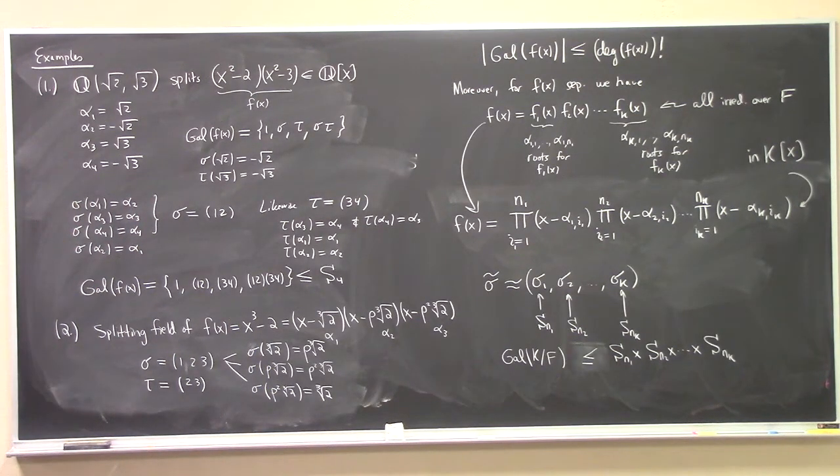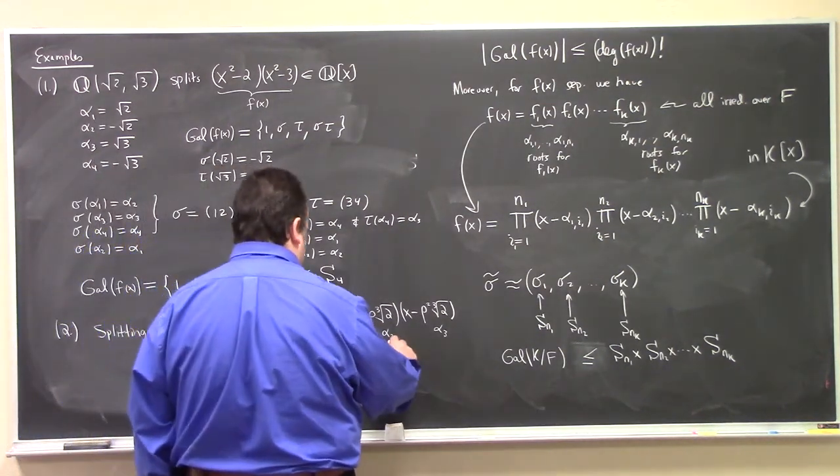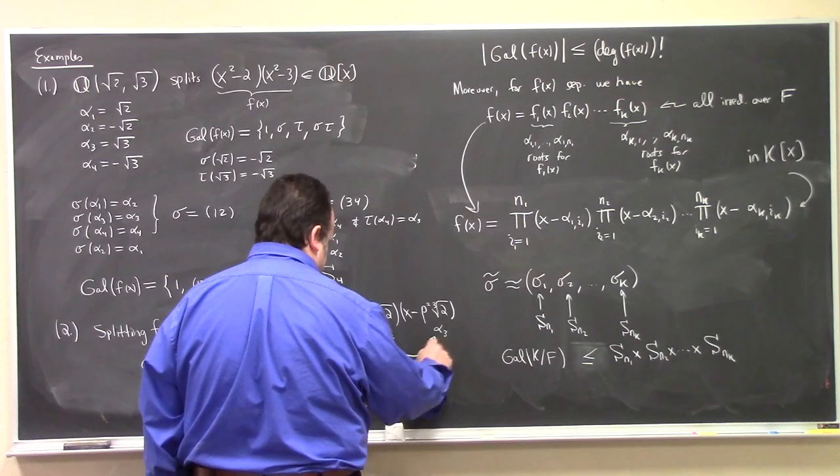So that's one of the automorphisms of the splitting field here, and that corresponds to the 1-2-3 cycle. Tau, on the other hand, is what? Tau takes the cube root of 2 to the cube root of 2. Right, so tau goes like this.